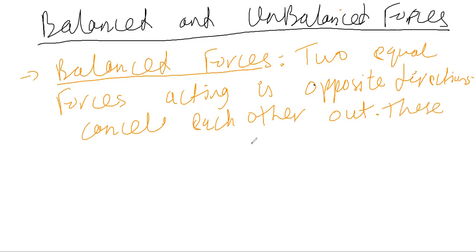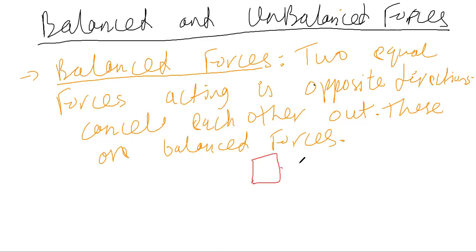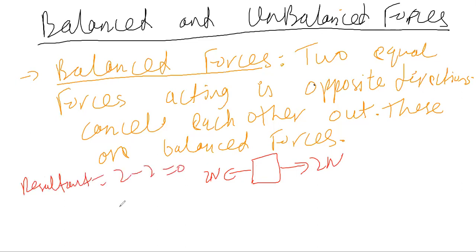These are balanced forces. For example, this is a box. This is 2 newtons on the right and 2 newtons on the left. So the resultant would be 2 minus 2 is 0.